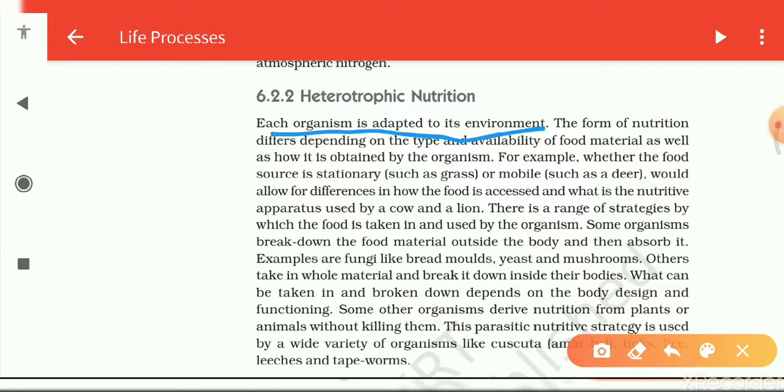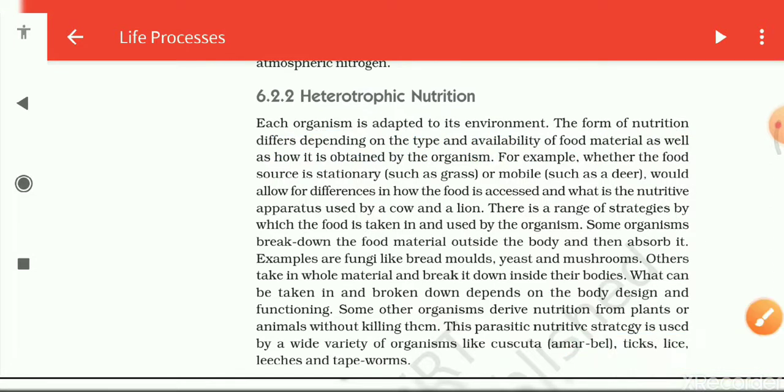Then all the organisms have a different habitat. If all the organisms have a different habitat, it means their nutrition also differs, and it depends on the availability of the food material as well as how it is obtained by the organisms.